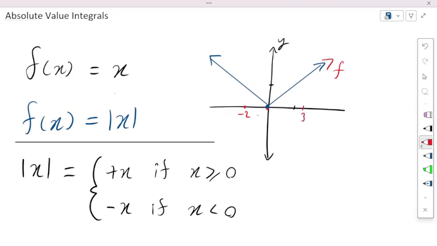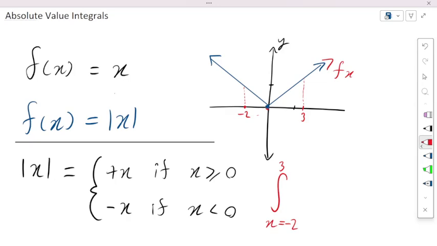When we are working with area, we are working with integration. So we are going to say area from x equals negative 2 until positive 3 of whatever function we're working with.